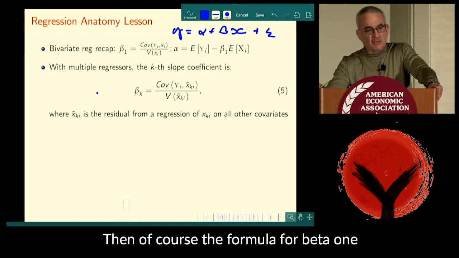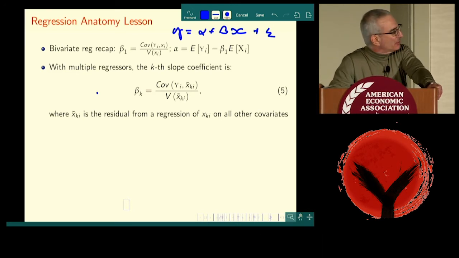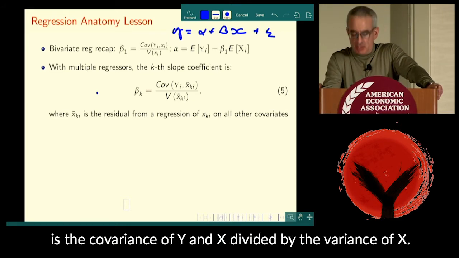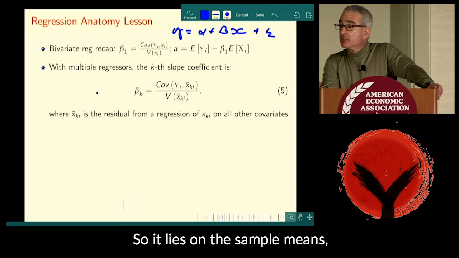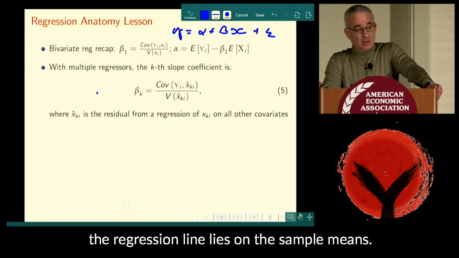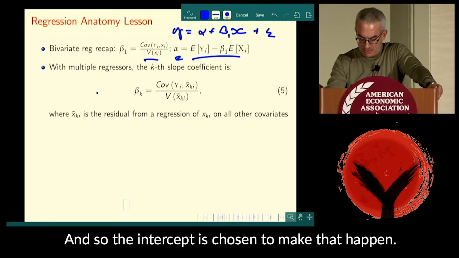Then, of course, the formula for beta 1, as everybody will have known at some point, even if they don't remember today, is the covariance of y and x divided by the variance of x. And then, of course, regression fits the means, so the regression line lies on the sample means, and the intercept is chosen to make that happen.